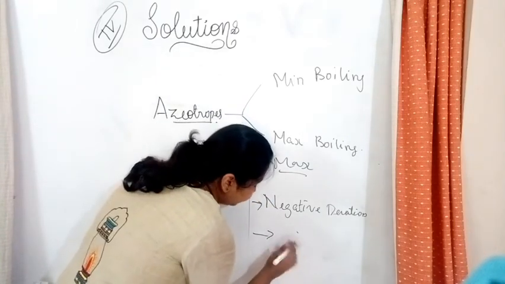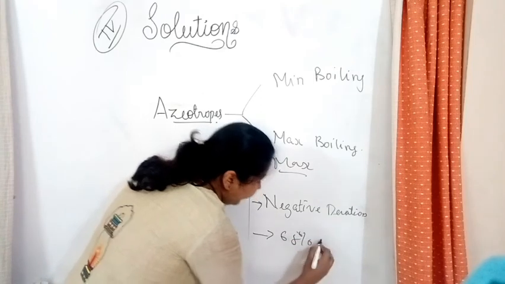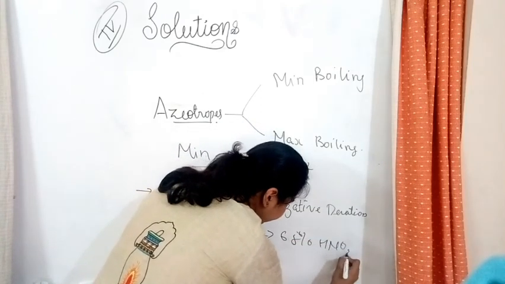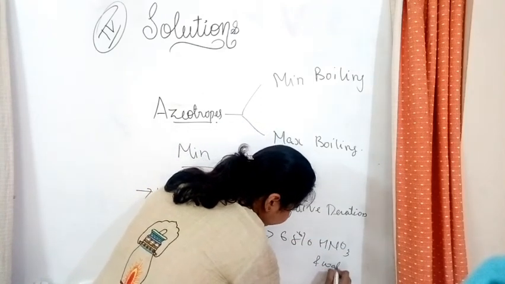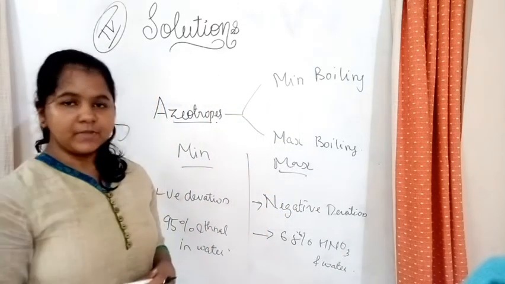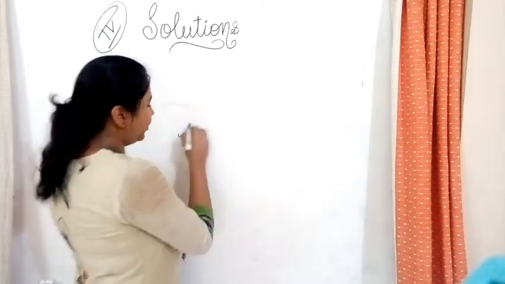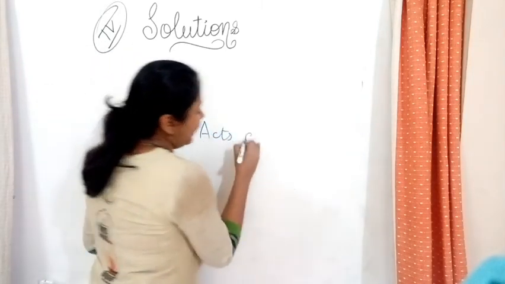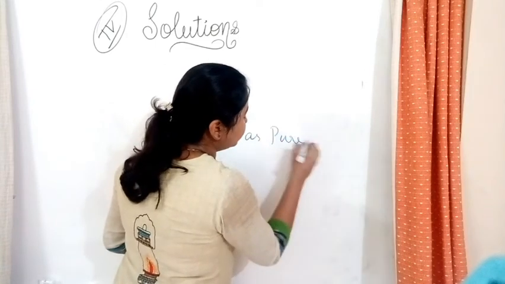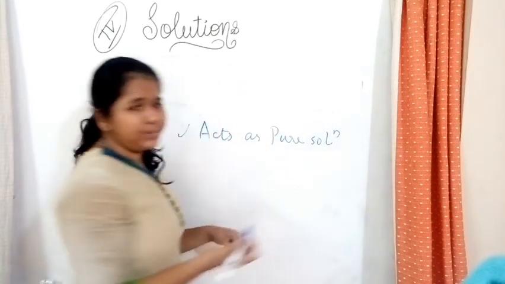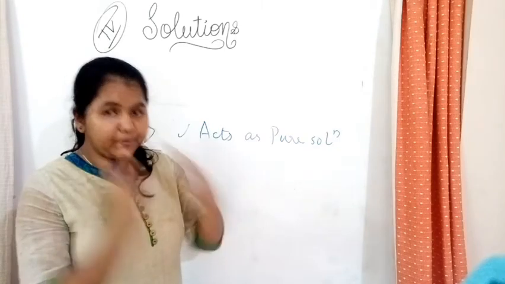68% HNO3 and water. Okay? So, to talk about azeotropes, azeotropes act as what? Pure solution. So, acts as pure solutions. But we know it's not actually pure solutions.